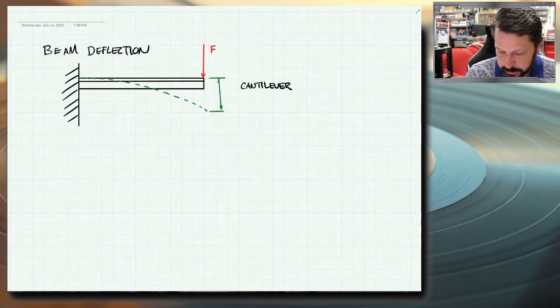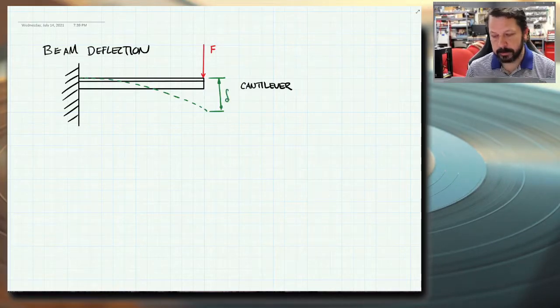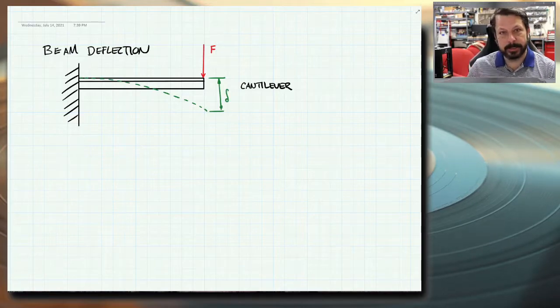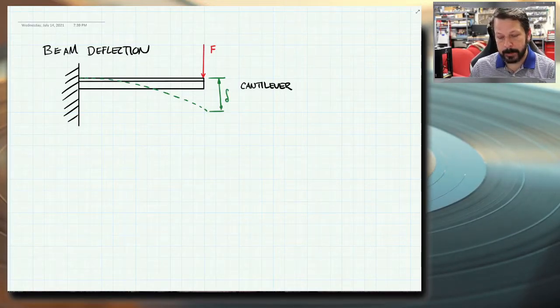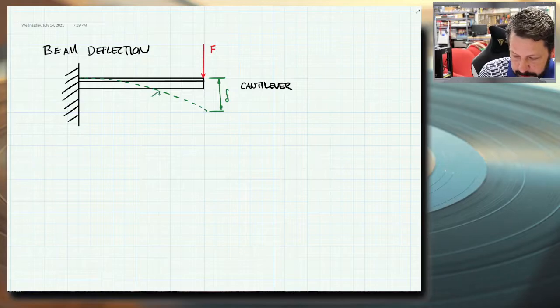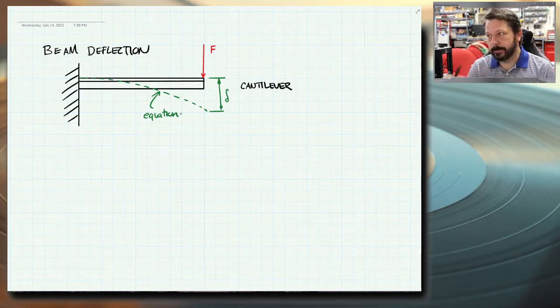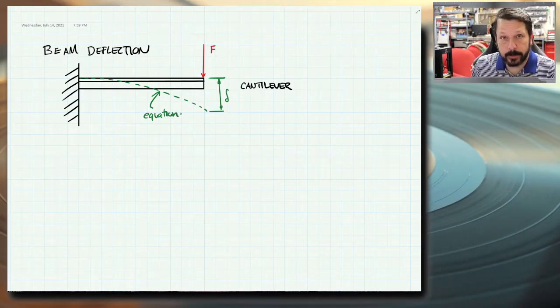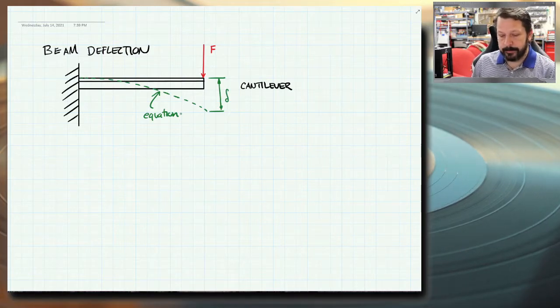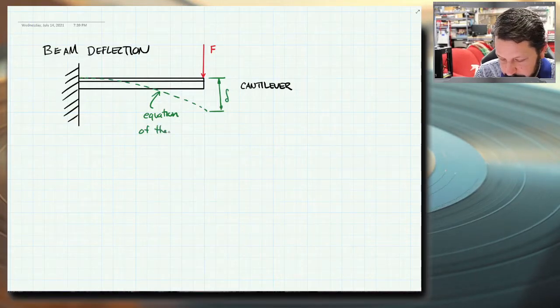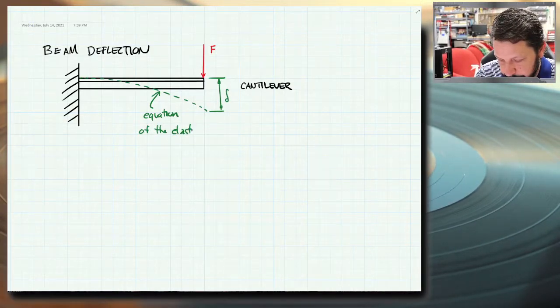This is our delta, or might be y, if this is a movement in the y direction. And we could even have an equation for this curve that I've drawn with the green dotted line. It could be an equation that models that curve. In fact, this would be called the equation of the elastic curve.